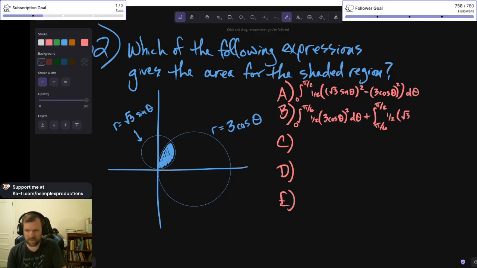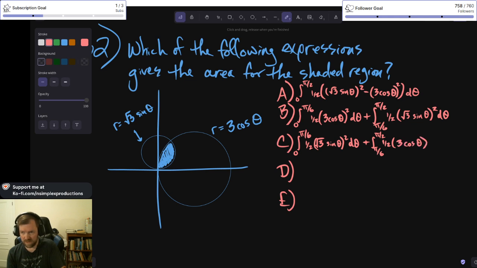Root 3 sine of theta, squared, d theta. C: integral from 0 to pi over 6 of 1/2 root 3 sine theta, squared, d theta, plus pi over 6 to pi over 2 of 1/2 times 3 cosine theta squared d theta.